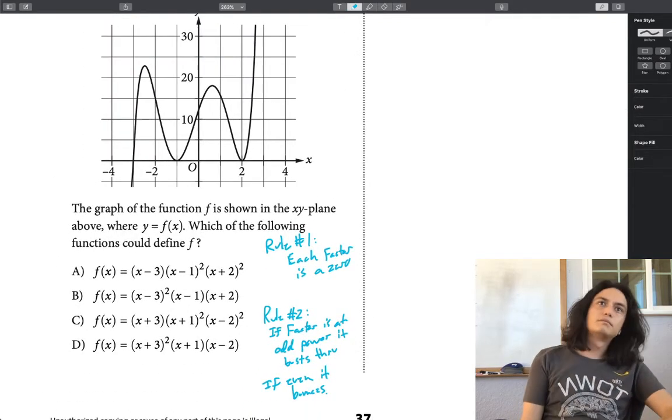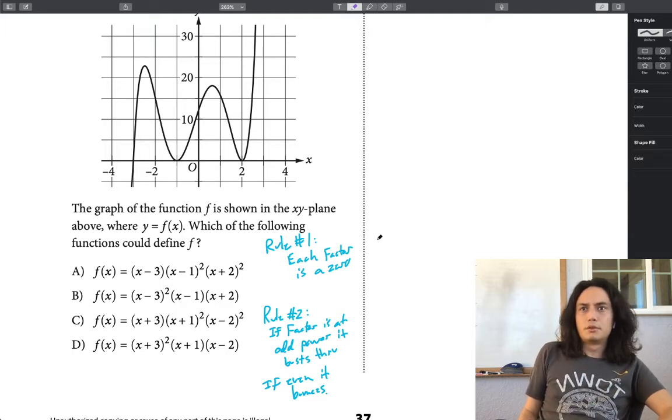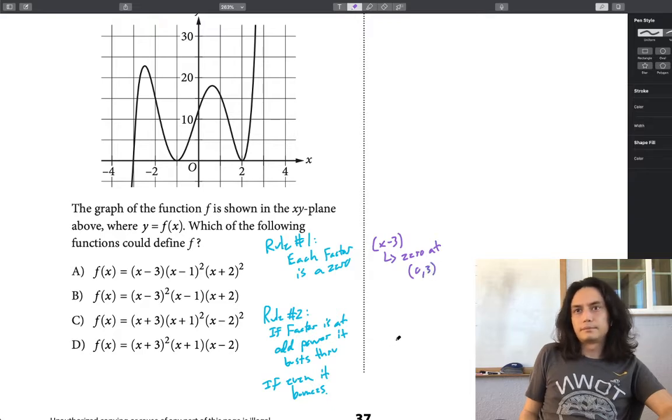So x minus 3, for example, that means 0 at 0, comma 3. All right, here, x minus 3 to the third, that busts through.